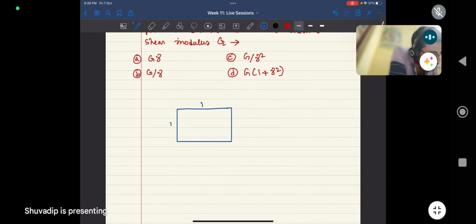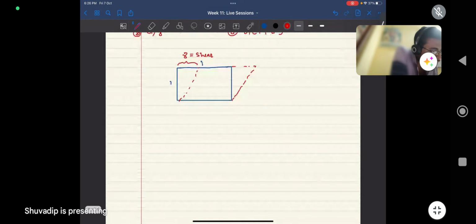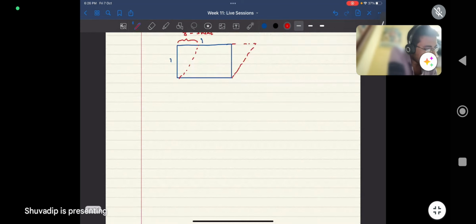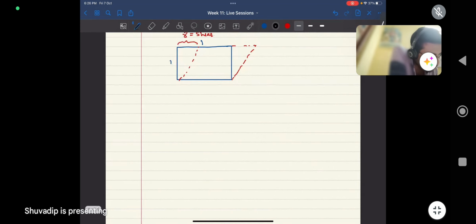Now it is deformed to some other shape like this, and the shear is gamma. Suppose the deformation is uniform and all the points on this material are uniformly deformed.